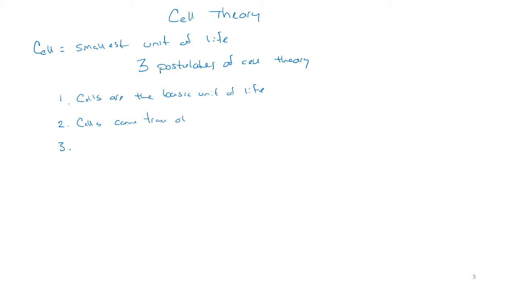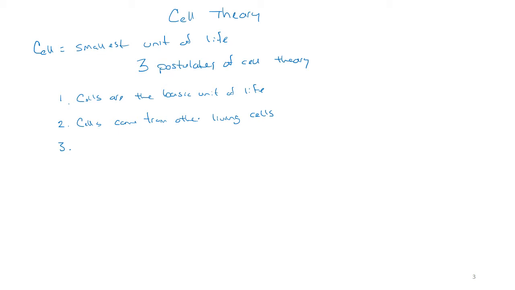Now, this is a big deal because people used to think cells just spontaneously occurred, which we called spontaneous generation. We now have plenty of evidence that totally refutes all that thinking. But the other thing is, a dead cell doesn't give birth to another living cell. And the last and final point seems a little redundant.